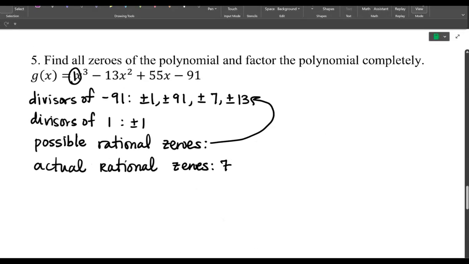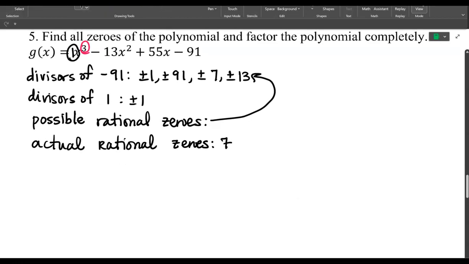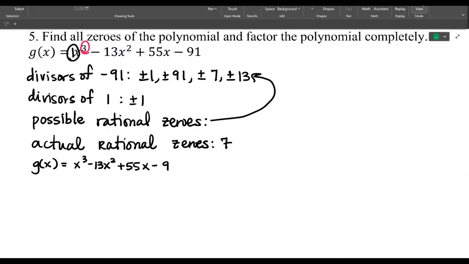So we do know that technically, though, two things are missing, because the degree of this polynomial is 3. If we had found all of the zeros, we would have been able to write all of the factors. We would have known that g of x, which is equal to x cubed minus 13x squared plus 55x minus 91, is equal to, one thing we do definitely know is that because 7 is a zero, x minus 7 is a factor.